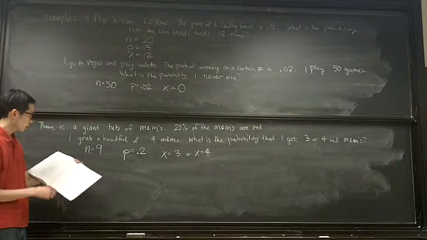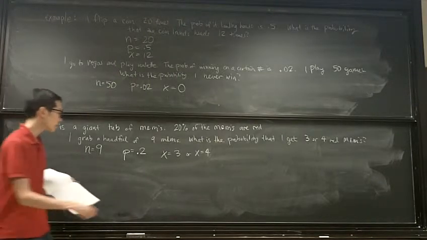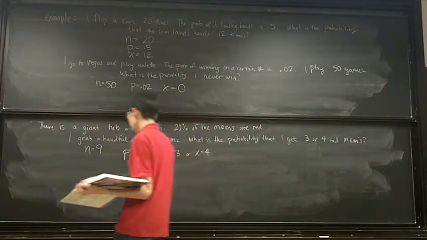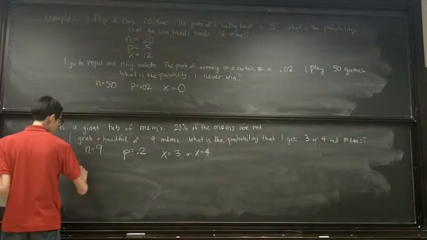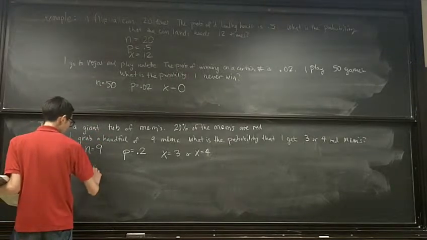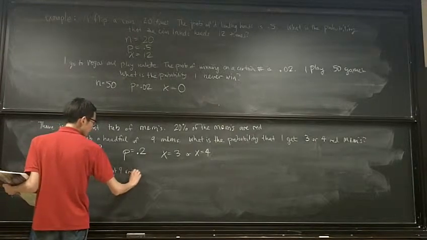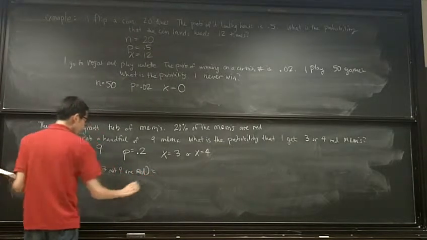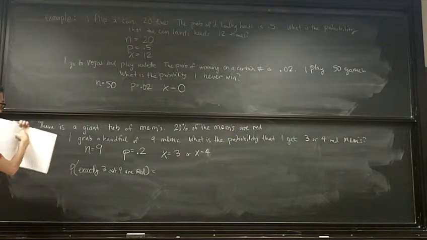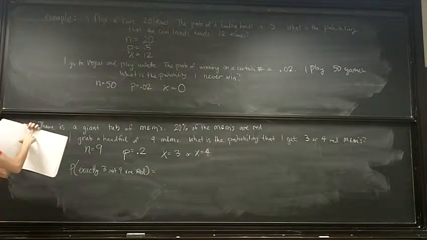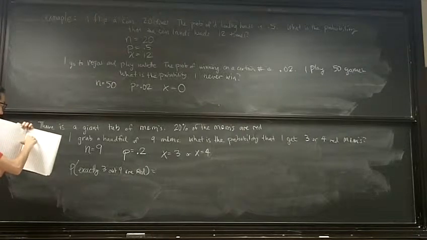Okay? So in this case, what's the probability that I'm going to see exactly 3 red M&Ms? Okay, so probability of exactly 3 out of 9 are red. The answer there is I'm going to go to n equals 9, the row for x is equal to 3, and the column for 0.2.